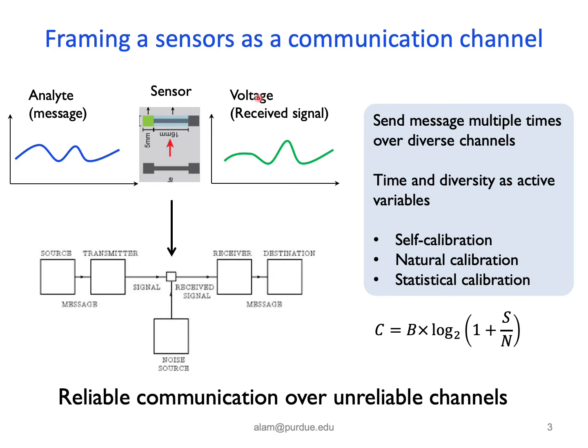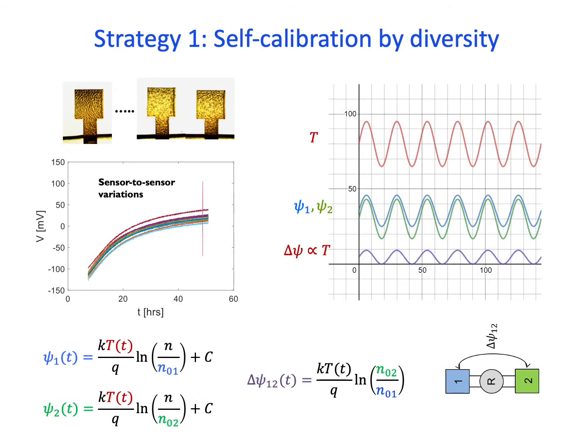In that case, we would be able to take various concepts from classical communication theory in order to solve this problem of ambient variables that are uncontrolled and noise that is invariably included in this sensor configuration.